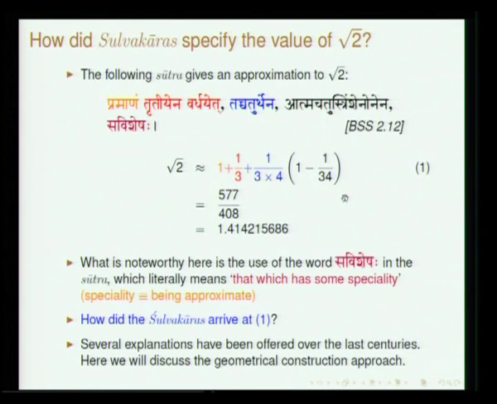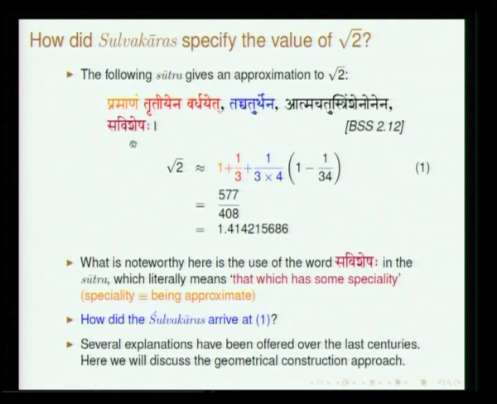You have to subtract this, and the word savishesha, as I was mentioning, means it is not an exact value. Savishesha is sort of an approximate value. This amounts to 1.414215, and I think this is correct to 6 decimal places. This is the sutra which gives the value of root 2 in Bodhayana Shulva Sutra.